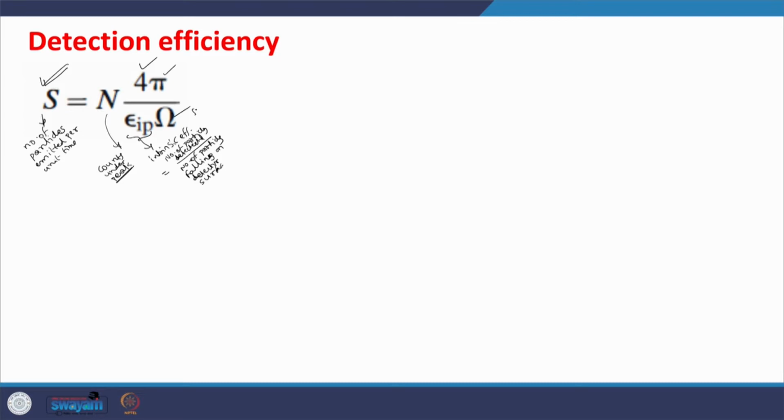Omega is the solid angle subtended by the detector at the source. Solid angle subtended by the detector at the source, which is given by, what is the solid angle subtended by the detector at the detector surface?